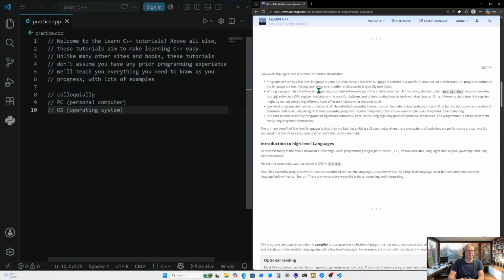Writing a program in a low-level language requires detailed knowledge of the architecture itself, so you have to know about all the different types of computers out there, which is probably why the study of computer science exists, not to mention the study of the hardware.